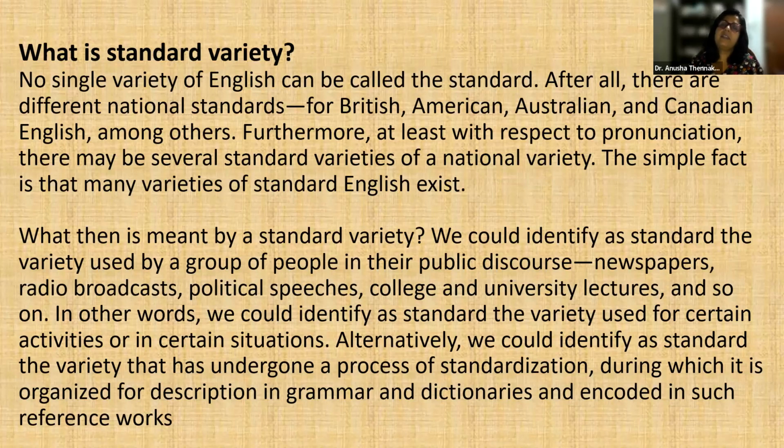What is that? We could identify as standard the variety used by a group of people in their public discourse. That standard variety of any language can be seen in public discourse, public appearances like newspapers, radio broadcasts, political speeches, college and university lectures, and so on.